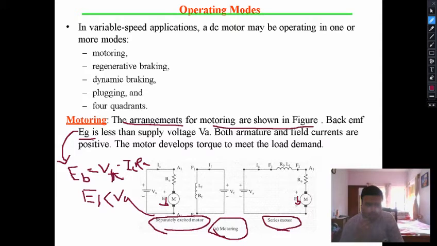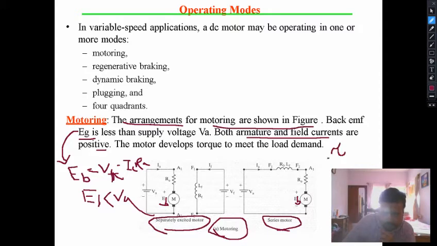The motor develops the torque to meet the load demand. So here both the armature and the field currents are positive, right? So the output should be a positive torque and a positive omega.